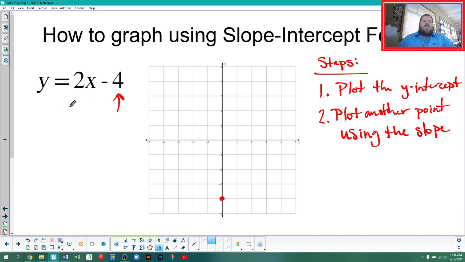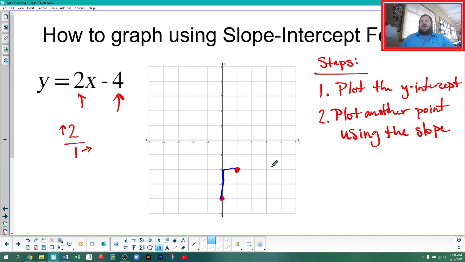The way I do that is I take the number that's multiplied by x and write it as a fraction, knowing that a positive slope goes up and a negative slope goes down. This is a positive slope, so it goes up 2 and right 1. So I go from this point up 2 and right 1 and put another point.